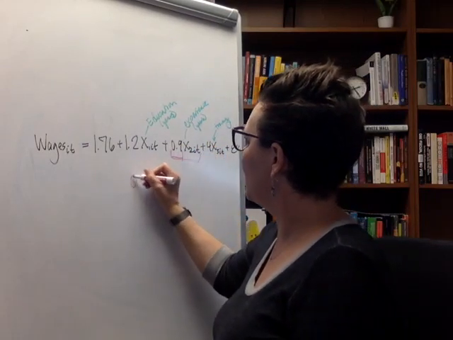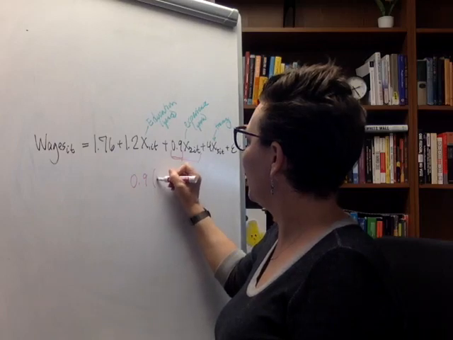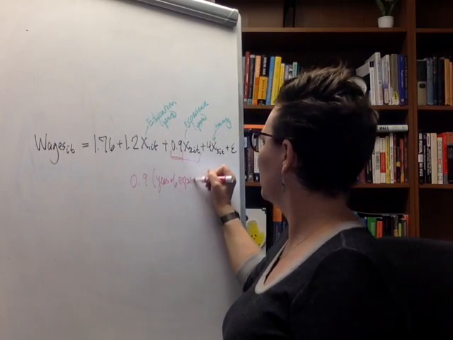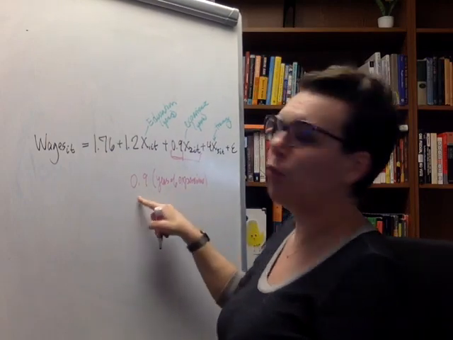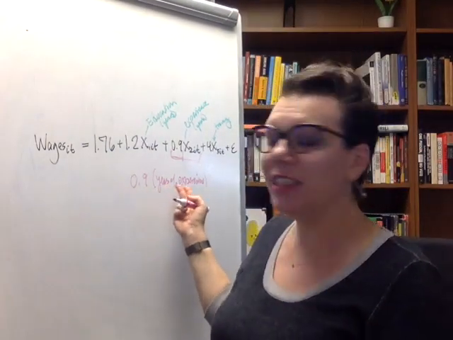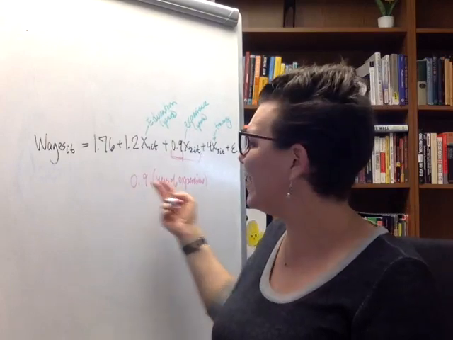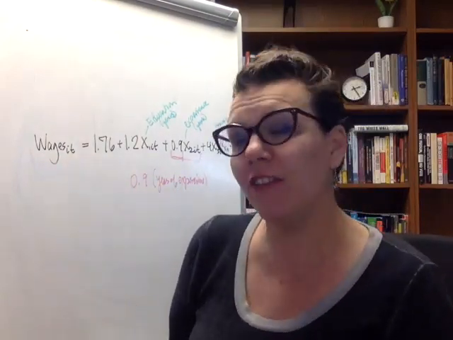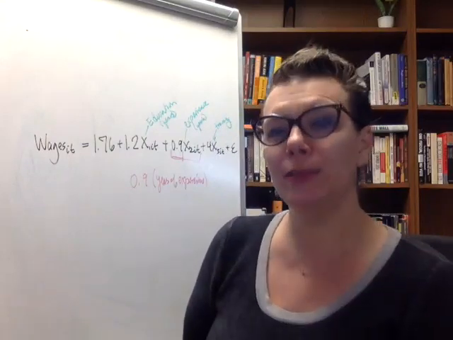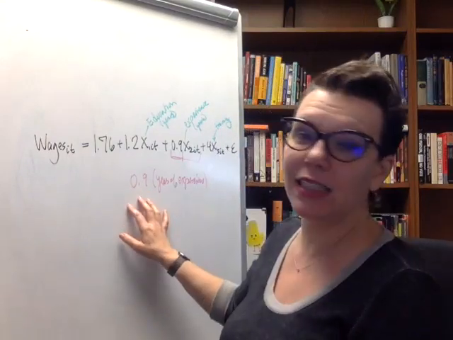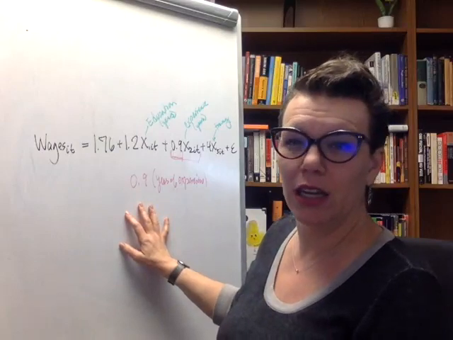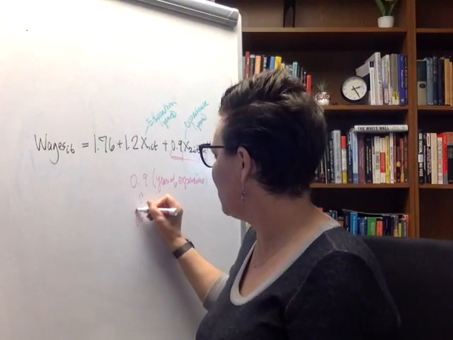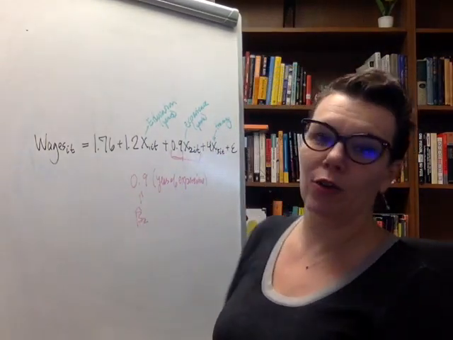So what that tells us is we multiply years of experience by 0.9, and so each additional year of experience is going to tend to increase wages by 90 cents. So the marginal effect of an additional year of experience on wages is going to be 90 cents, all else held constant. Does that make sense? That's what this coefficient, this estimated beta, is explaining for us.